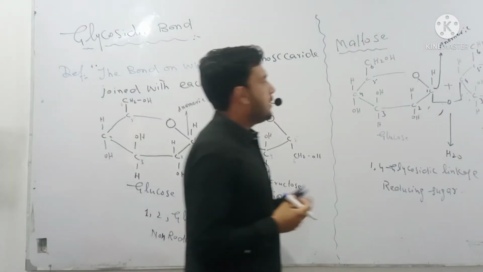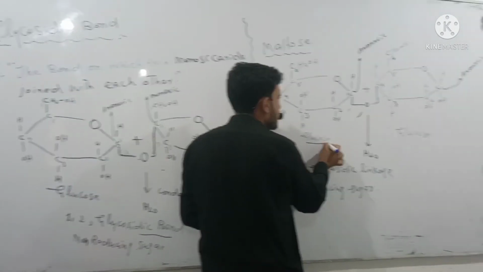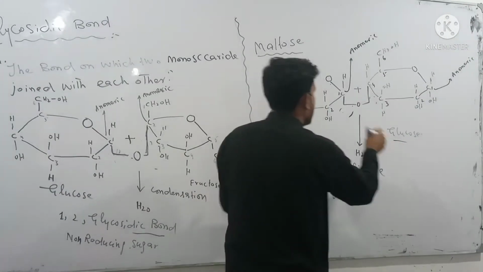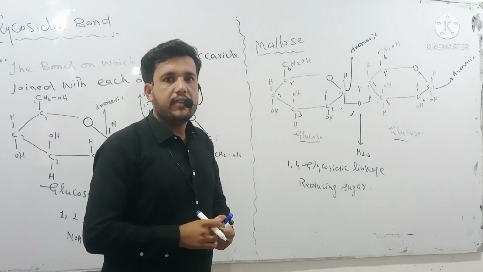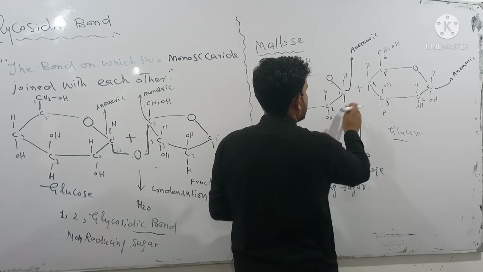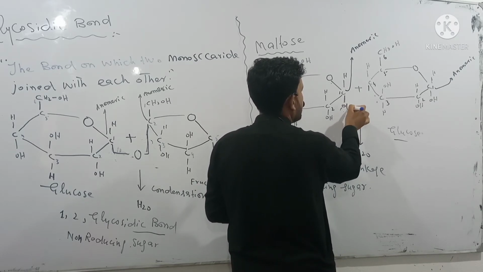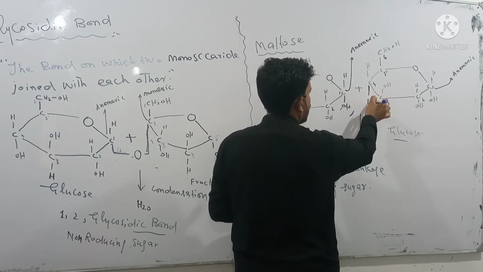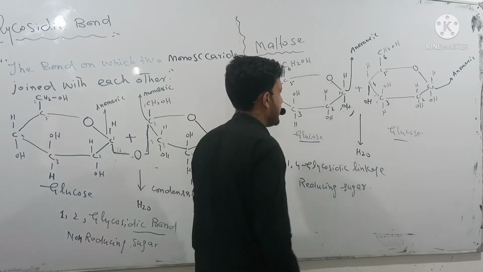Now consider maltose, which is the combination of two glucose units. Two glucose units combine with one another. Consider this one glucose molecule, and here the hydroxyl group is attached, and here also a hydroxyl group is attached.